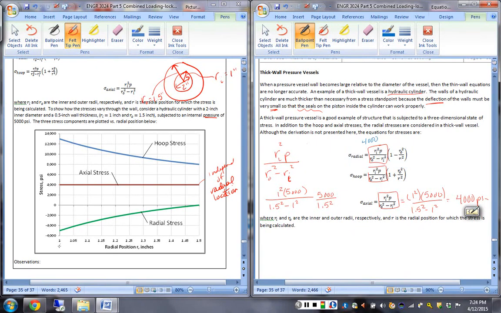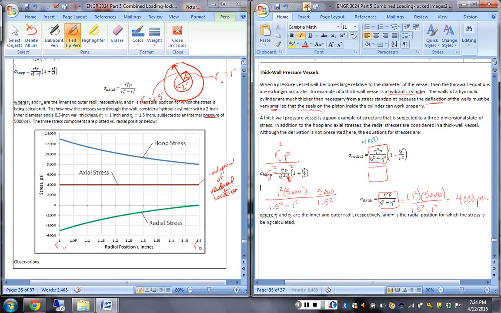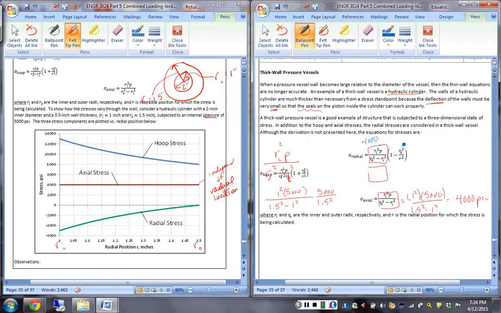As I come back over to my plot and vary from the inner radius to the outer radius, the ratio of the term in the expression goes to 1.